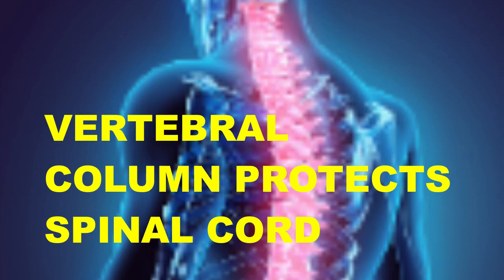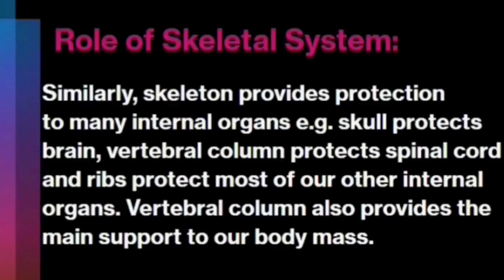The spinal cord is the extension of the last part of the brain that extends into the vertebral column, and ribs protect most of our other internal organs. For example, ribs provide protection to the lungs, liver, heart, kidneys, etc. The vertebral column also provides the main support to our body mass.